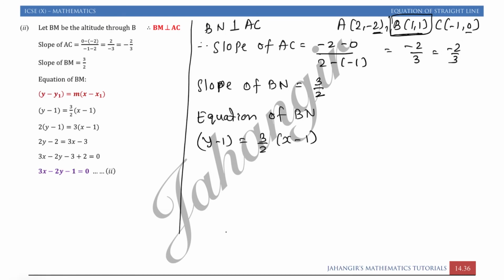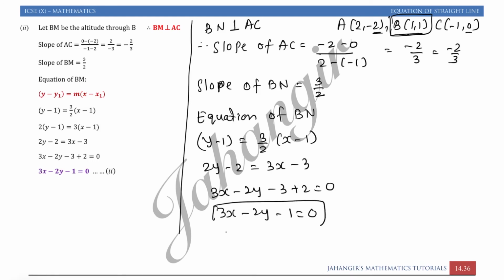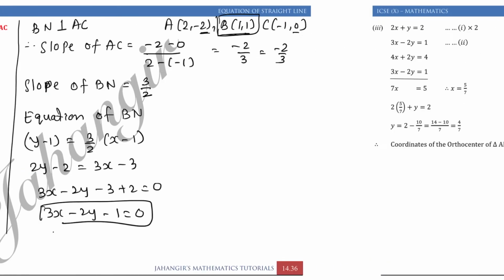Just cross multiply. 2y minus 2 is equal to 3x minus 3. Shift all terms on one side. 3x minus 2y minus 3 plus 2 is equal to 0. 3x minus 2y minus 1 is equal to 0. We got two altitudes. Now the point of orthocenter we can find by solving both equations simultaneously. So we can just write it down, two equations.